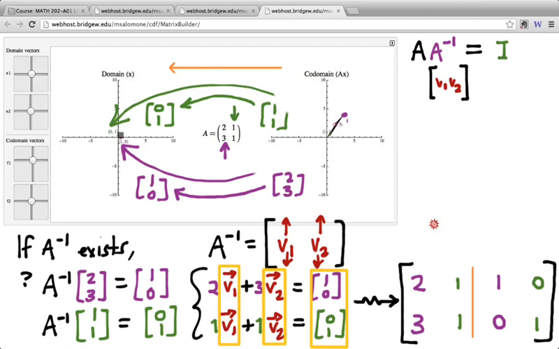And the identity matrix is made up of those columns 1, 0, and 0, 1 on the right-hand side. But when I multiply the matrix A by this matrix that has columns V1 and V2, really what I end up with is a matrix over here which has as its first column A times the first column of A inverse, and which has as its second column A times the second column of A inverse.